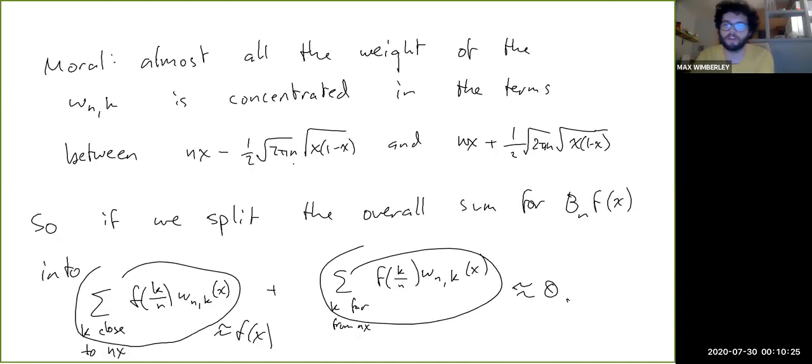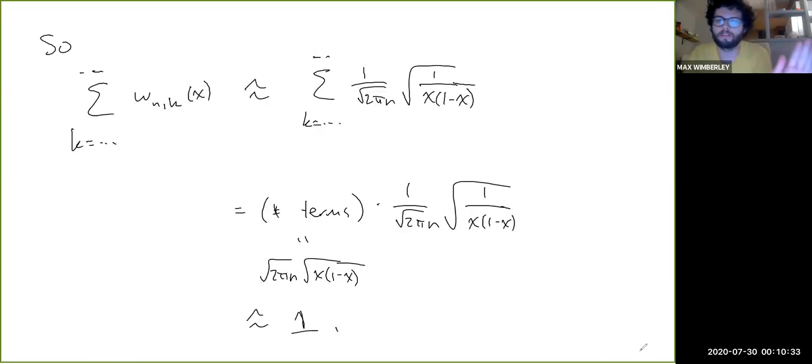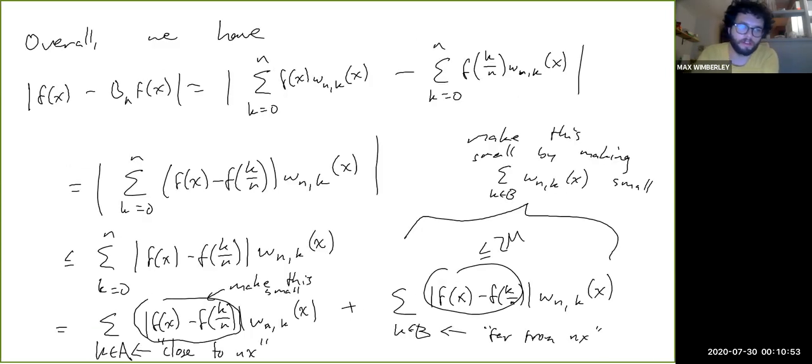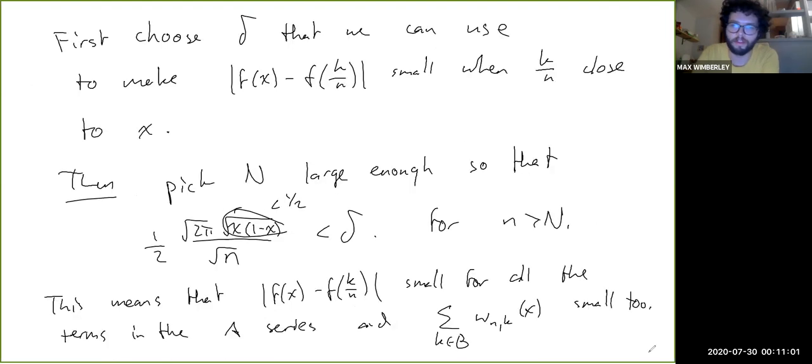I also want to just point out before I sign off that there are a lot of similarities between what I just outlined here and what I talked about in the second part about probability stuff, right? And also similarities with what they do in the book, okay? Ultimately in their argument in the book, they literally do this trick of splitting the series up into these two sets, okay?